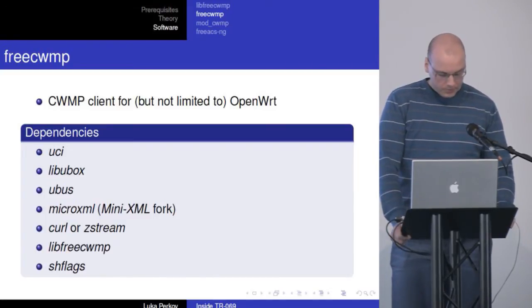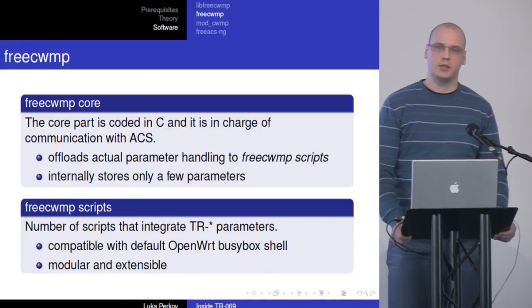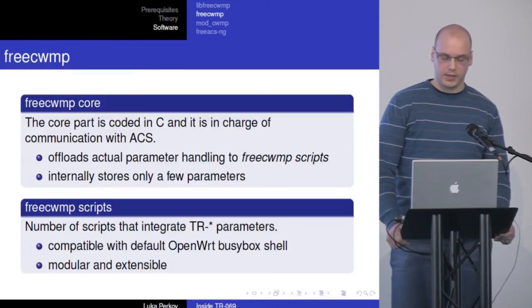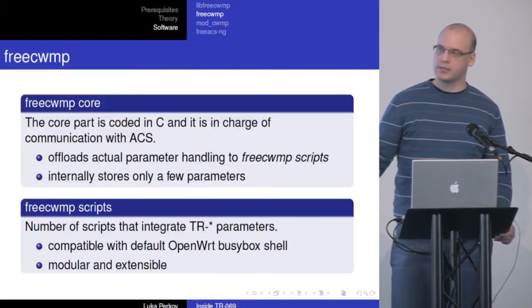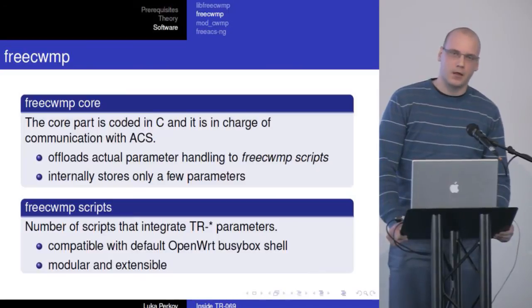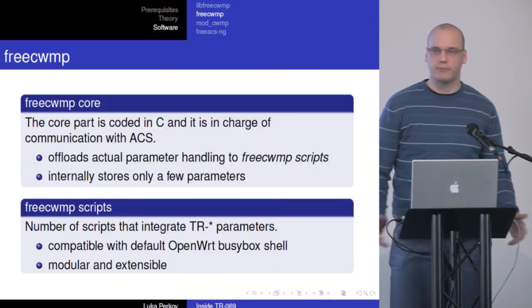So freecwmp is divided in two parts. You have freecwmp core, which is written in C, and it basically does all the communication with the ACS server. And then when ACS requests some get or set parameter or some other action, freecwmp offloads this task to freecwmp scripts. This is a good approach for a project like OpenWRT, because that way you only need to write one small script to do some feature that you want.